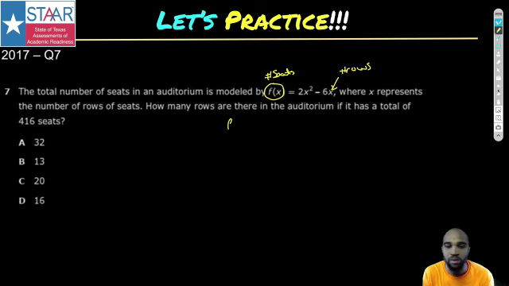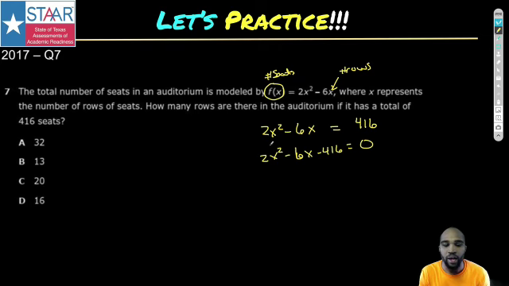We can say our number of seats is equal to 416. And we're using this equation 2x squared minus 6x. Notice that we're almost in standard form, so I'm going to put it in standard form by subtracting 416.